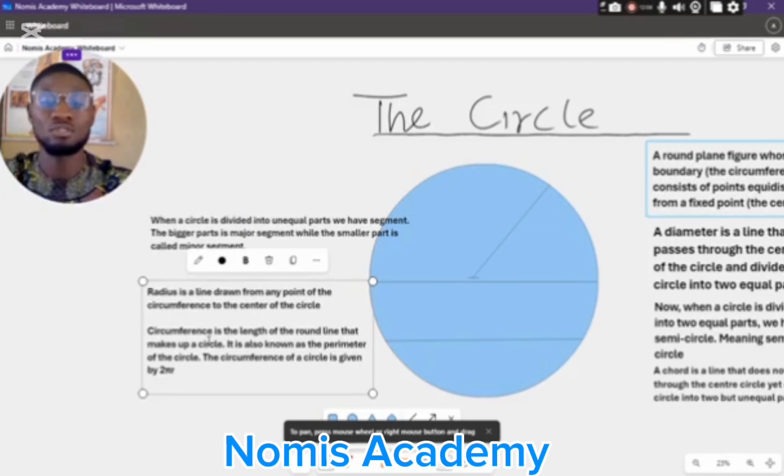Radius is a line drawn from any point of the circumference to the center of the circle.